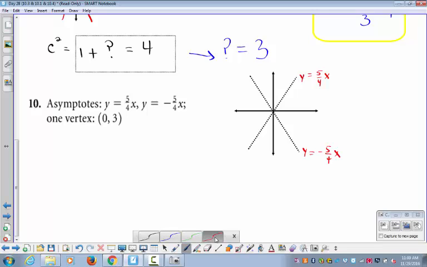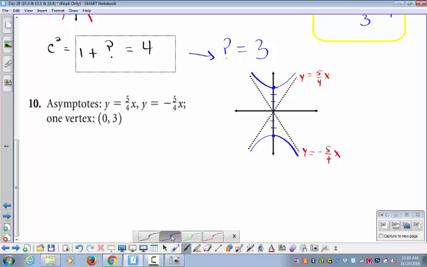We've got those two in there. And one vertex is at 0, 3, plus either one. So 0, 3 right there. Where does the other vertex have to be? 0, -3. So we know that this hyperbola is opening vertically.